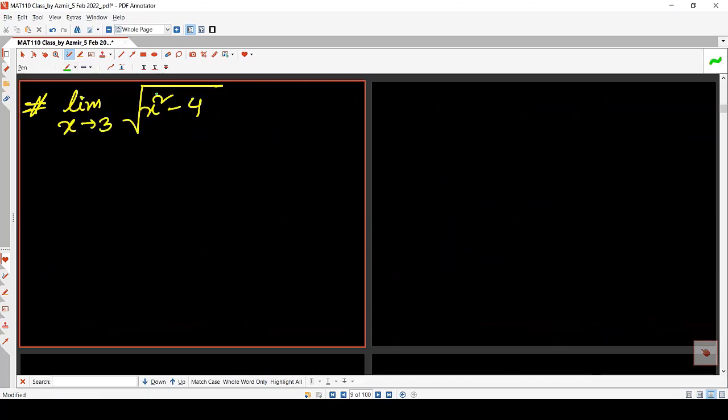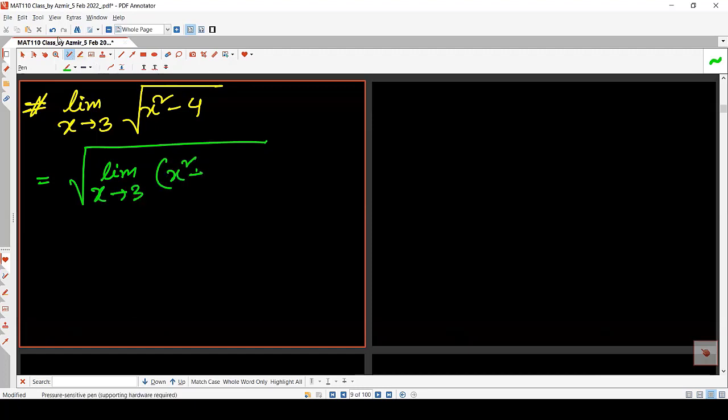From the concept of function, this inside quantity should be greater than or equal to 0. Otherwise, we will have an undefined part. So we can write the square root at first by using the root law, and the limit inside. So we have limit of x squared - 4.